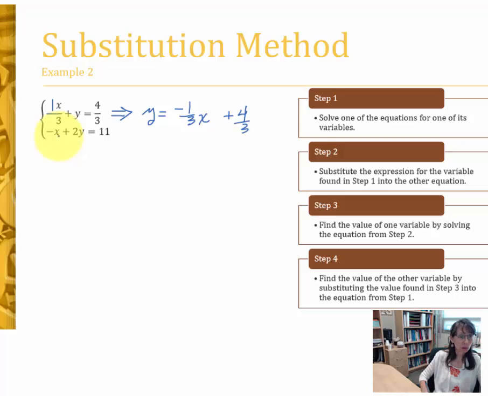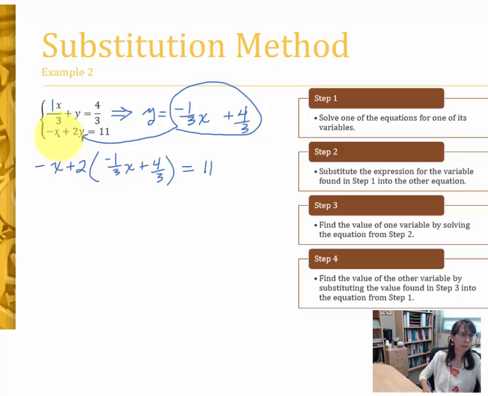Since I have a new expression for y, I can take this expression and substitute it for y in that second equation. That gives us negative x plus 2 times the new value of y. That's negative 1/3 x plus 4/3. That is set equal to 11.